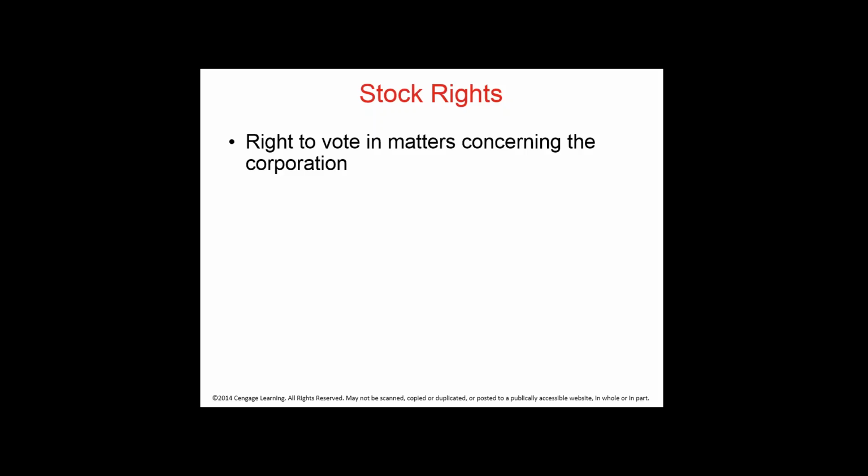When there is an annual meeting and various things come up before the group, you have the right to vote on those things. You have the right to vote for the president, the CEO, the board members. You have some rights.